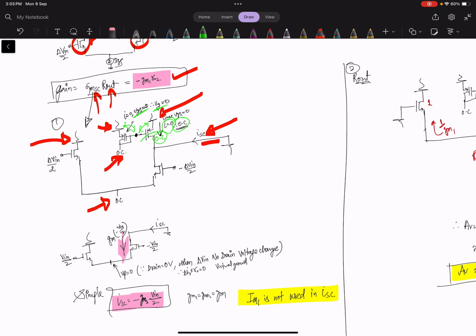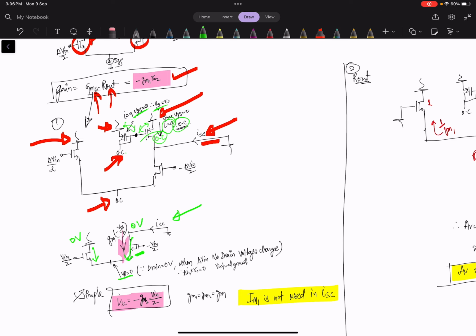If you redraw it, you will get something like this. Now you see here, this is 0 volt, this is 0 volt. So we know from the virtual ground concept, please visit part 2 and part 1, that whatever the change in current here will be accommodated by this branch only and this branch only, not through the resistance.